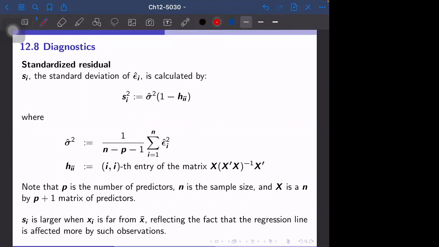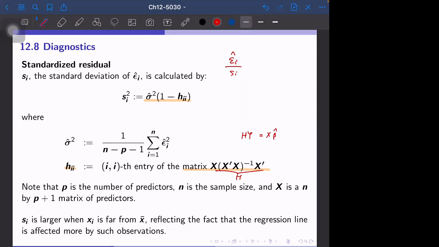Basically, when we have residual epsilon_i, we divide it by s_i. And s_i is defined by the estimated variance times 1 minus h_ii. And h_ii is the ii entry of the matrix X (X transposed X) inverse X transposed. This is called the hat matrix, and actually HY is equal to X beta hat.